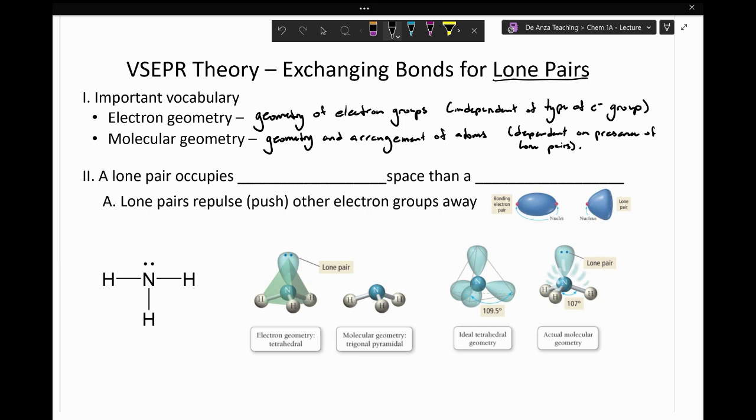of atoms. And so what we'll see is that when the electron groups around the central atom are not just bonds, we get some new shapes. And so these lone pairs, which instead of being shared between two elements are just existing on a single atom, they occupy more angular space. So they just take up more general space than a bonding pair of electrons.